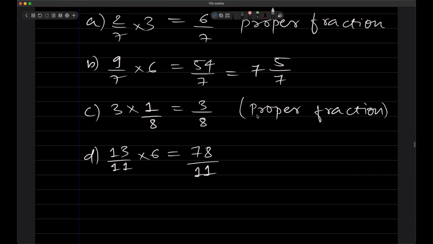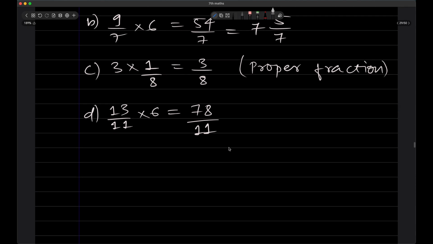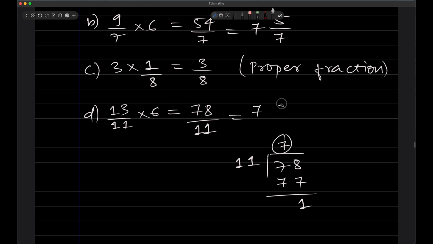In the third case we get a proper fraction, and in the fourth case we get an improper fraction. So we divide numerator by denominator, and the remainder is 1. So this is 7 whole 1 by 11.